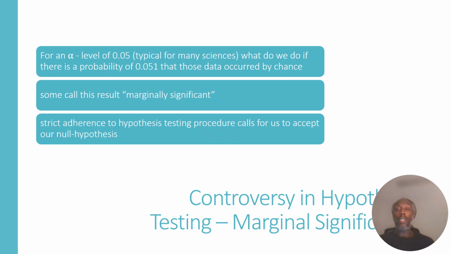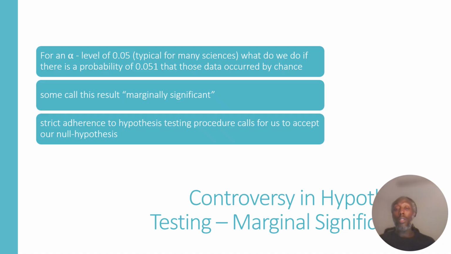Let's say I calculate a t-statistic for a one-tailed test, and I find that the probability of getting the calculated statistic that I got is greater than my alpha. I set my alpha at 0.05, which is pretty standard, but then I find a value that is 0.051.